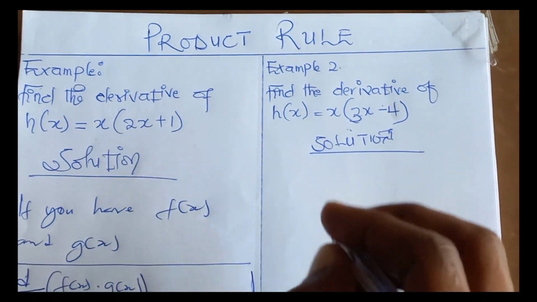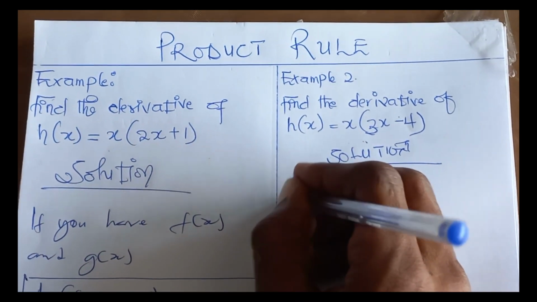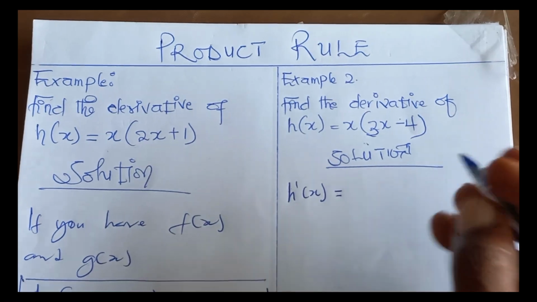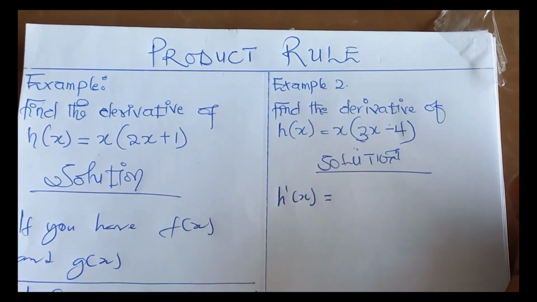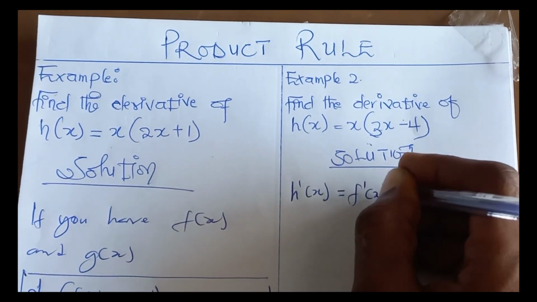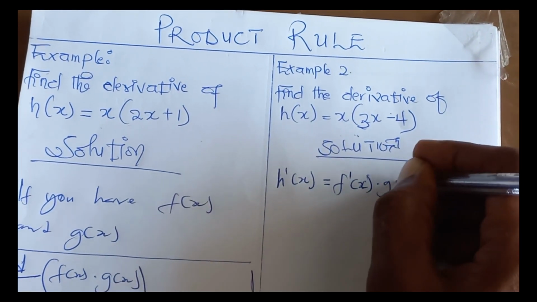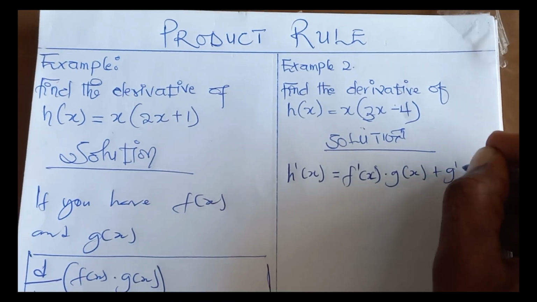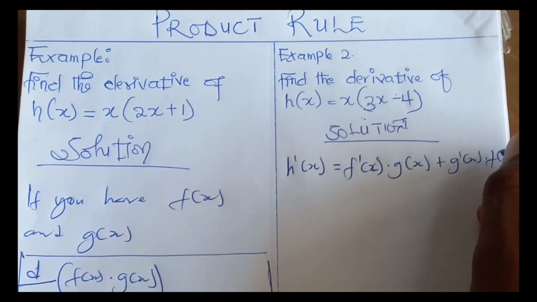What you need to do is you can say that h prime of x is equal to, we can decide to let x be our f function, so we get f prime of x multiplied by g of x plus g prime of x multiplied by f of x.